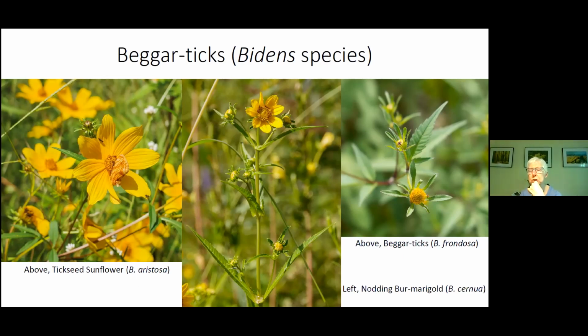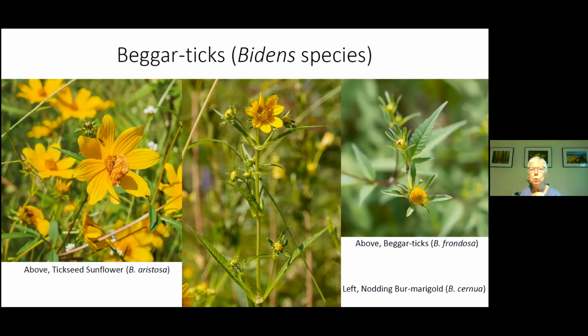There's yet another species that's very similar to this in the floral structure, but it does have a few small ray flowers as well. That one's called Spanish needles. That one has very lacy leaves. The tick-seed sunflower has compound leaves. So there's a few different variations on this theme.